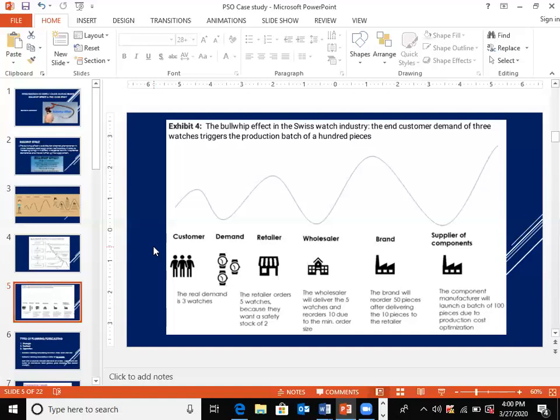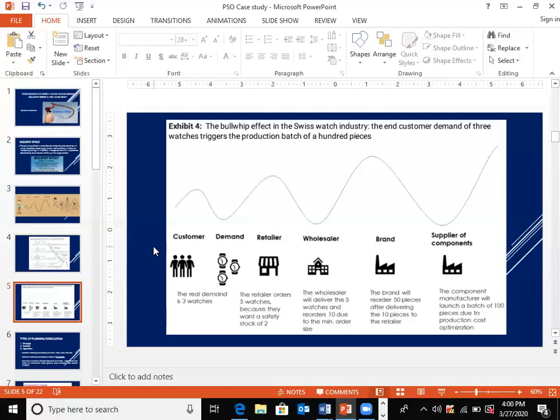Now, as this lecture goes on, I'll be discussing what the consequences are, what this means, and the results of this and how this can be counteracted, because again, this is something very dangerous for factories. For example, the factory sitting in China making 100 pieces is stuck with those 100 pieces, and if things do not sell, then that is a loss for them.